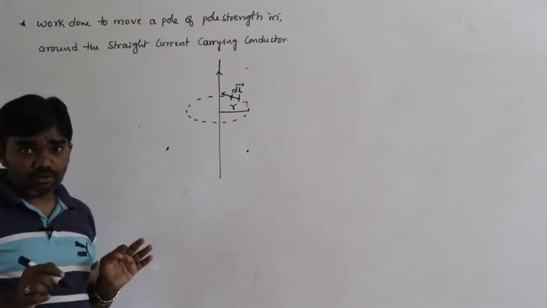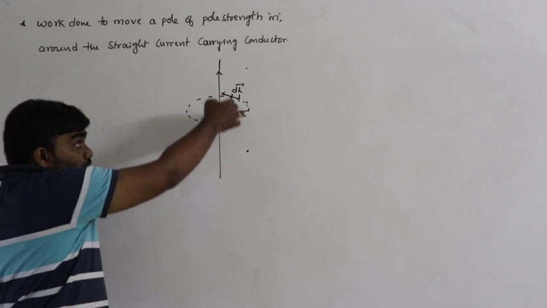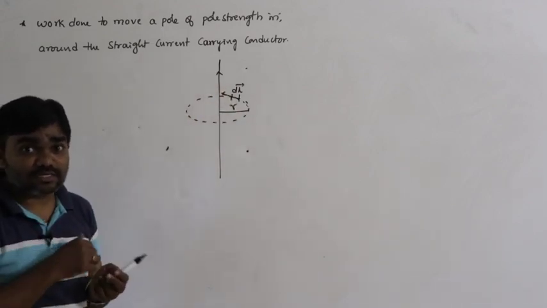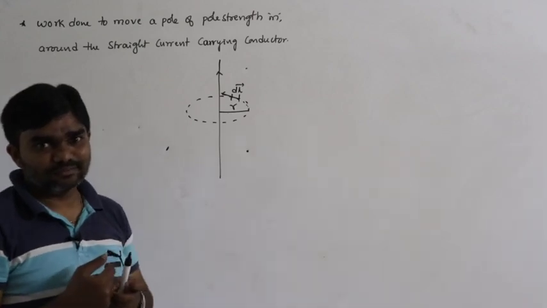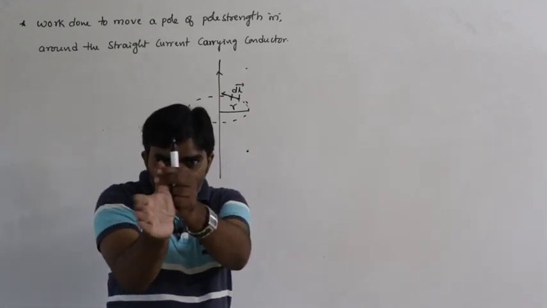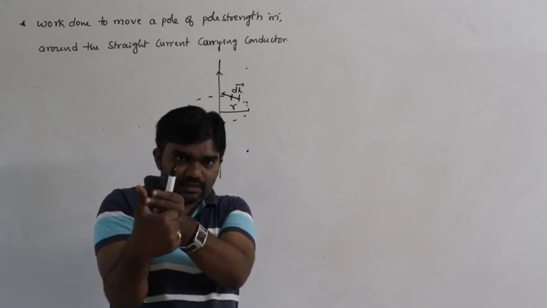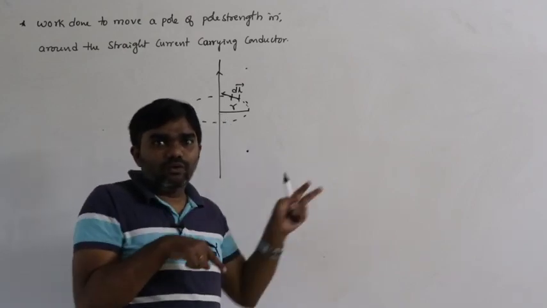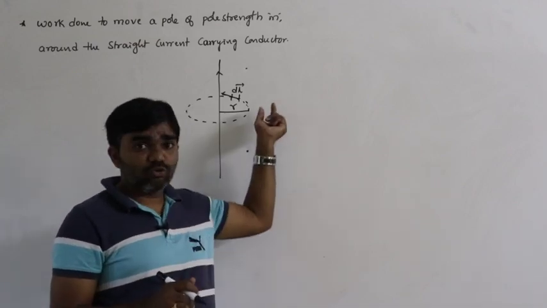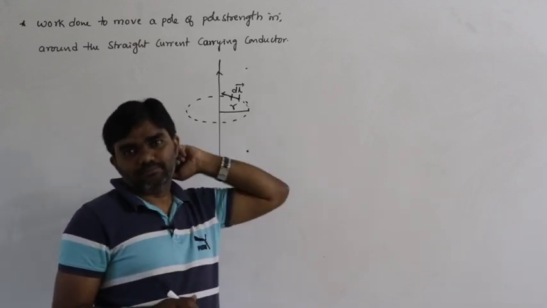Of course, magnetic field also exists around the straight current carrying conductor. So according to right hand thumb rule, magnetic field exists. In that magnetic field, we have to move the pole of pole strength M.